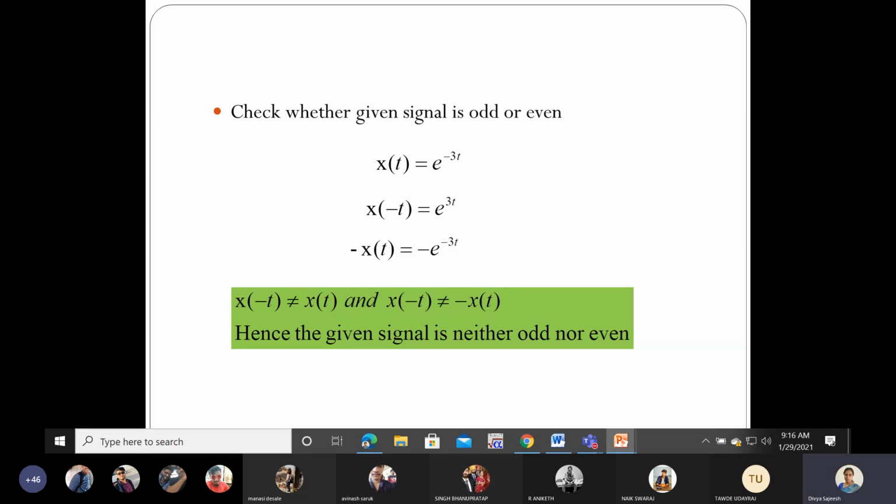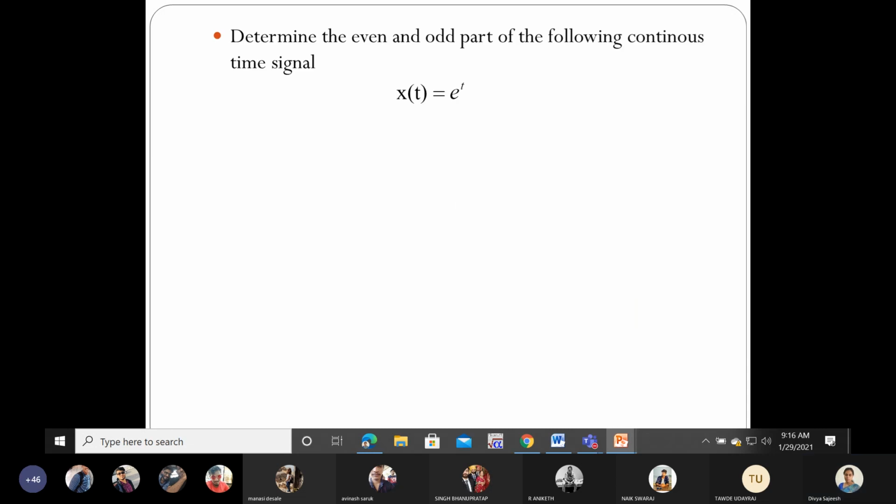If I obtain that the given signal is even, then the odd condition will fail. But if it is neither even nor odd, then I can segregate it into the even part and the odd part.